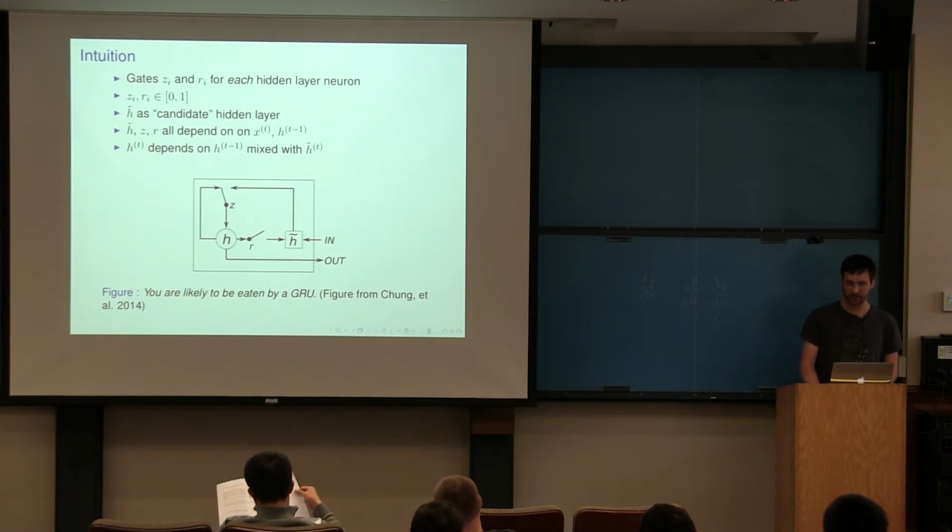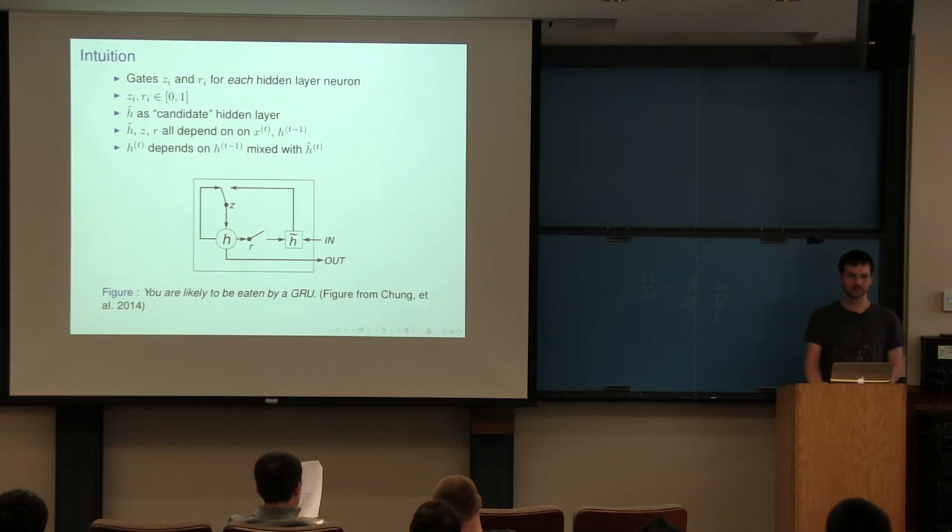So if the reset gate is 0, it completely ignores the previous hidden state, only computes h tilde based on the new state. We're not going to worry too much about that for now, although it would be a good exercise to go look through the equations and try to understand intuitively what's happening, maybe sketch out some simple numbers and see if you can get the network to mimic some behavior that you think is interesting.